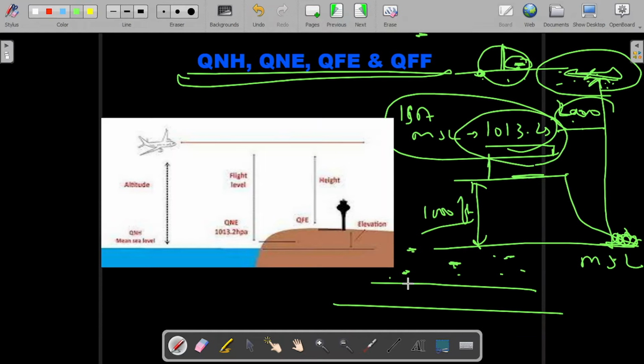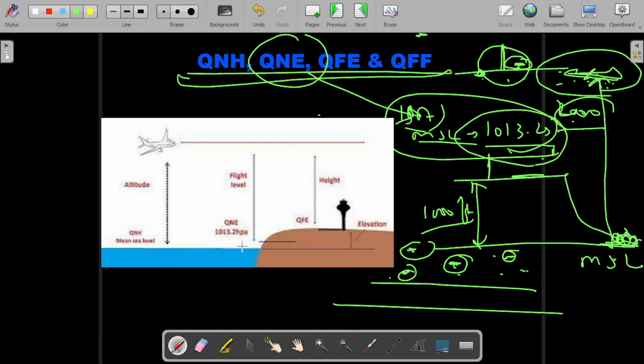They will communicate to each other at which height they are. So when they set the pressure of mean sea level as per the ISA condition, that is 1013.25, this is known as QNE pressure.